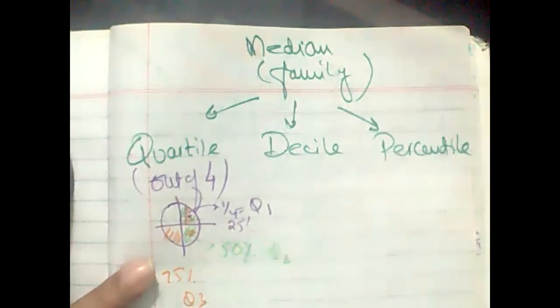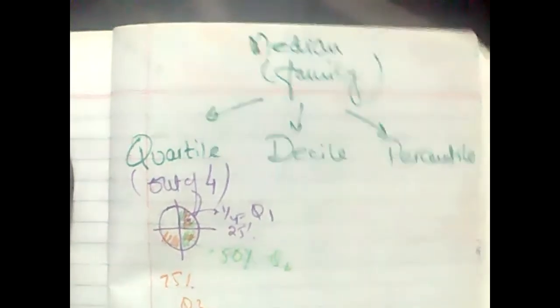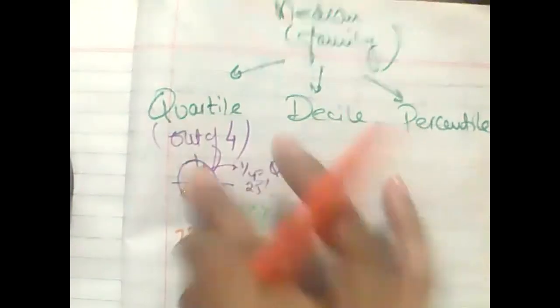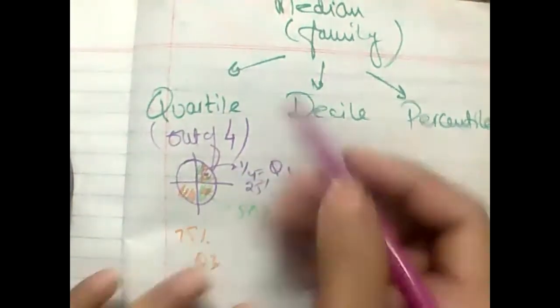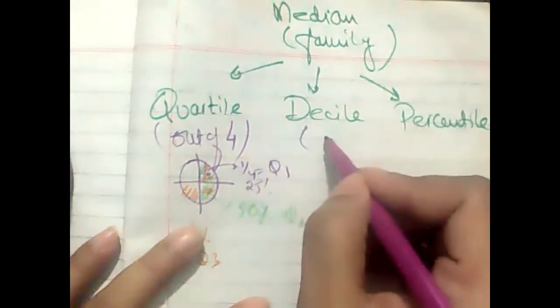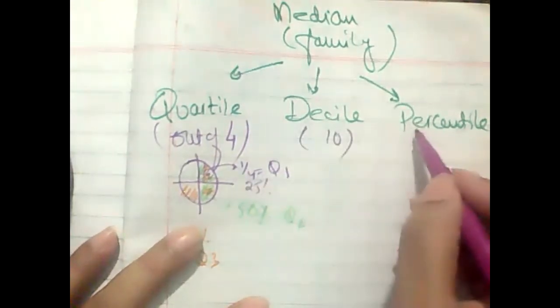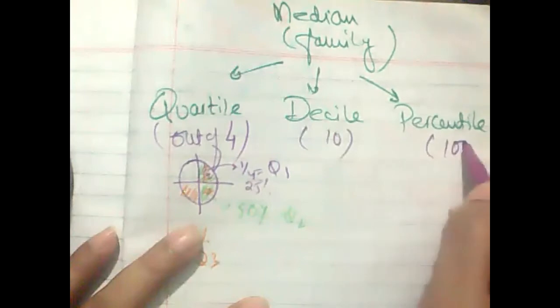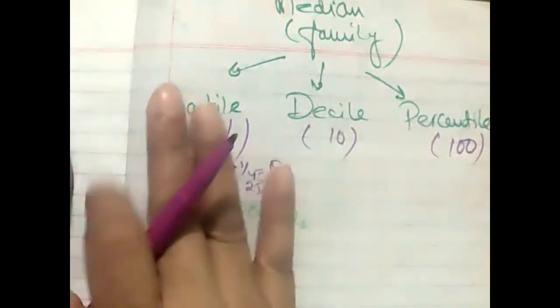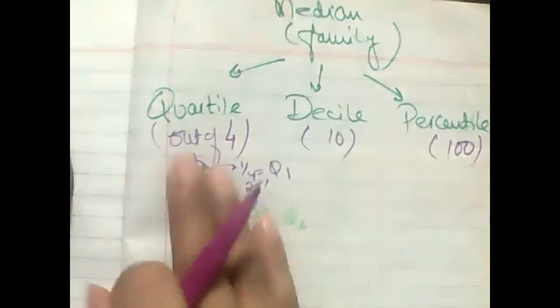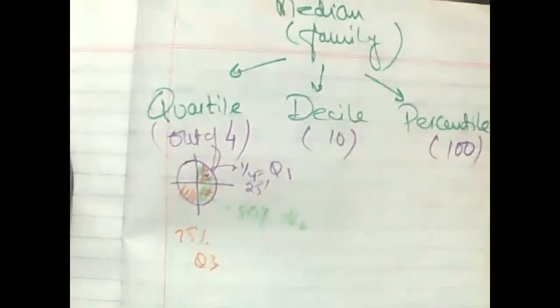Quartile means something divided out of 4. Similarly, decile means something out of 10, and percentile, something out of 100. If you understand even one concept properly, you have understood the rest of the two.